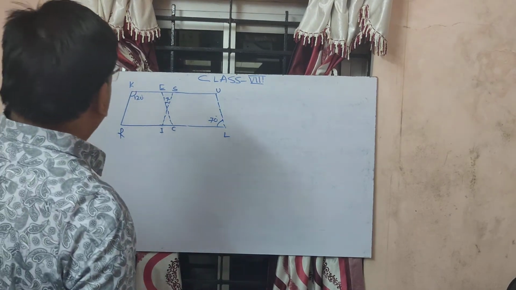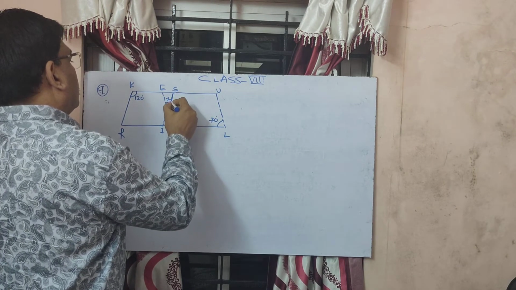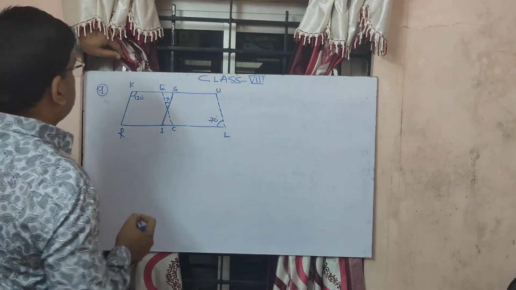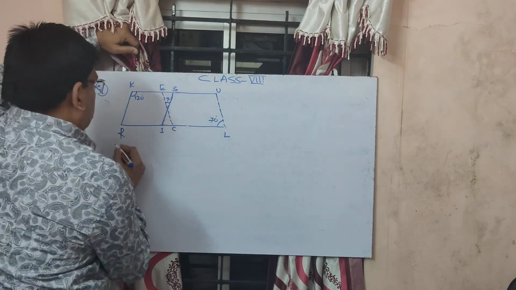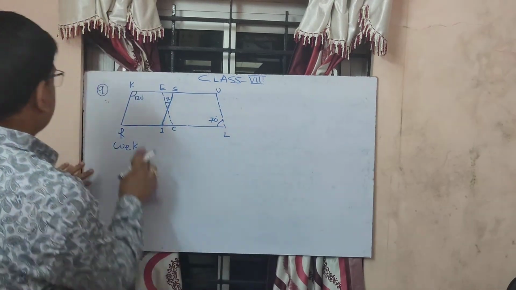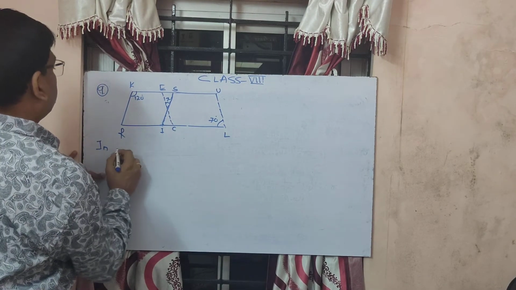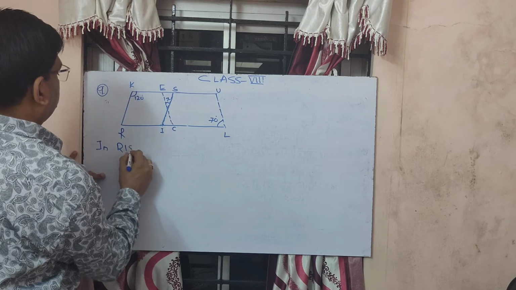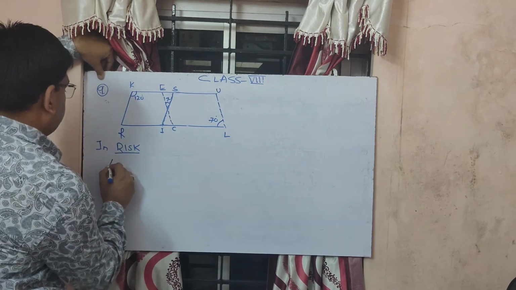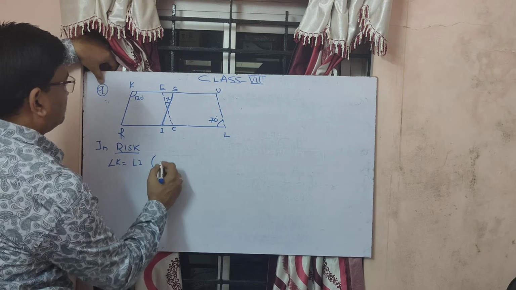Now this is K. First of all, take RISK. Angle K is equal to angle I. Why?